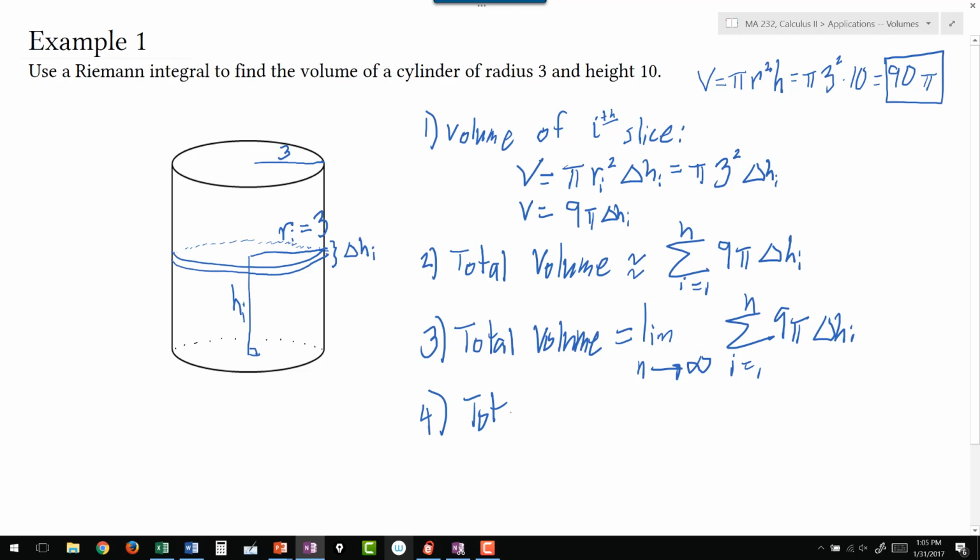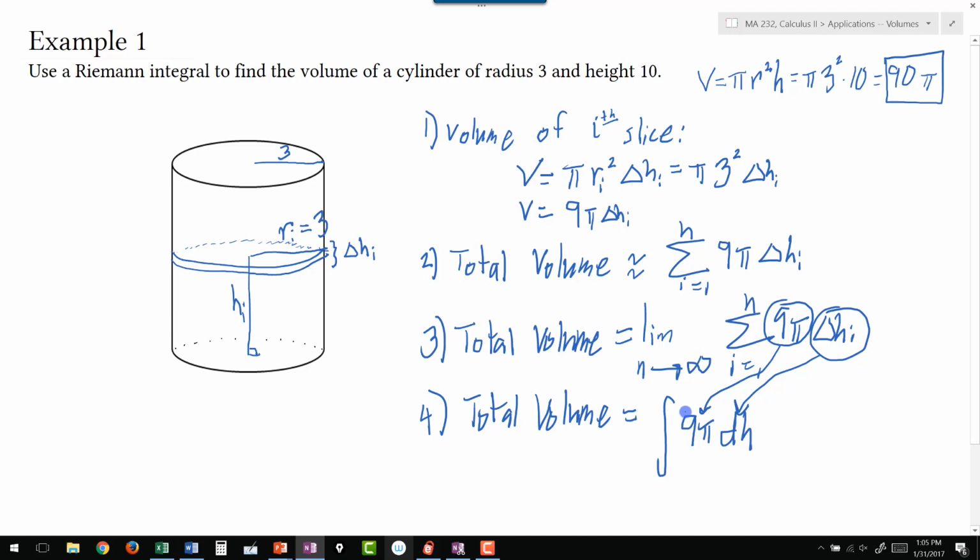And from there, we have to recognize that what we've just done is define a Riemann integral where the function is just the constant 9 pi and the delta h i, as it gets thinner and thinner, becomes our dh.